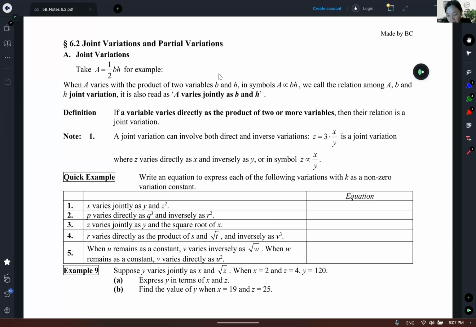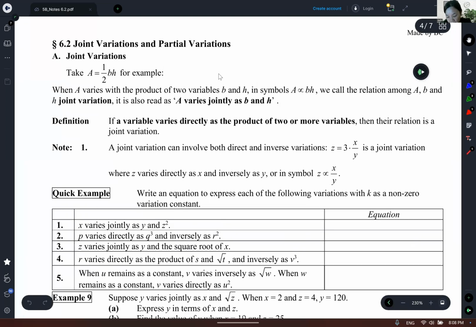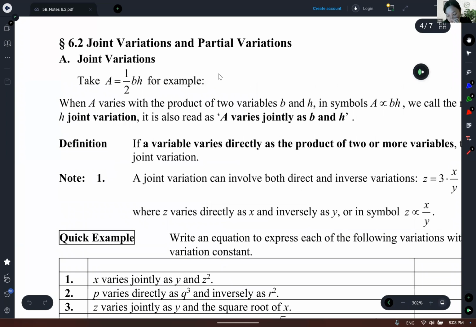Now, talk about joint variation. Take A equals 1/2 times base times height. This is a very well-known formula for calculating the area of triangles. Now, this is an equation involving three variables.